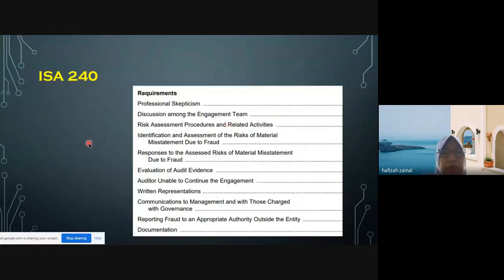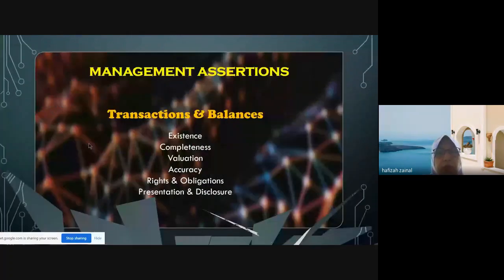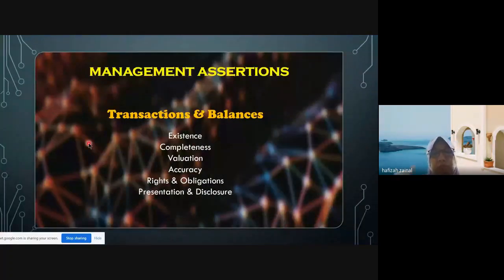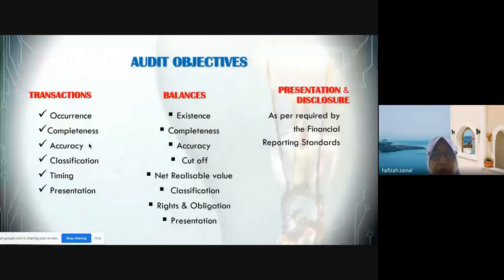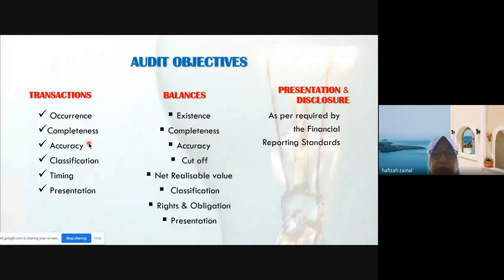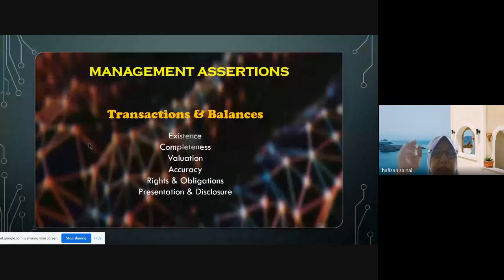Now, management assertions. The audit objective is the one I really want to emphasize, so that you know and do not confuse yourself.